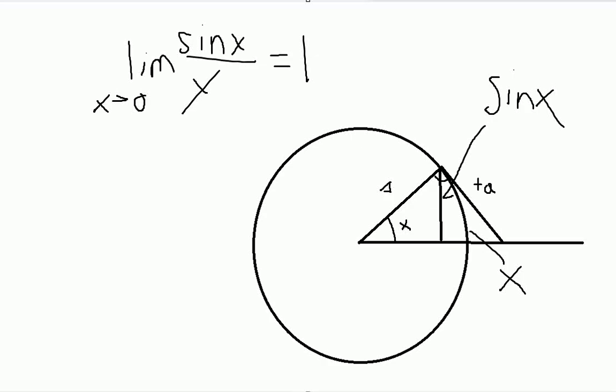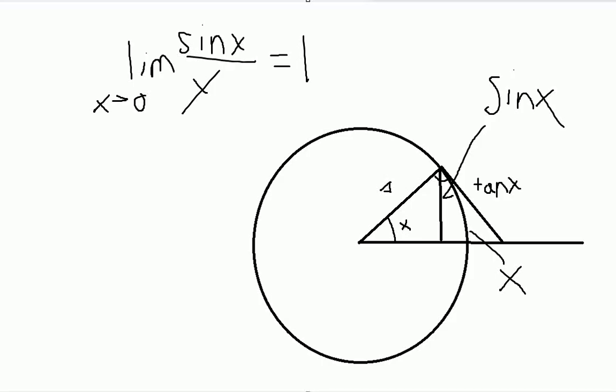And so let's look at this. We have a little bit of an inequality here. You're going to notice that this line is going to be smaller than this entire arc. But this tangent line is larger than that arc. I think it's pretty easy to see why that is. And so we're going to make this little inequality.